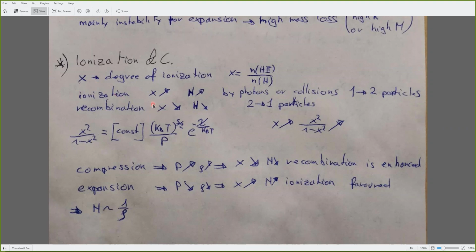If you have ionization, the degree of ionization increases and the number of particles increases, because this can happen with photons or collision. Actually, we pass from 1 particle to 2 particles, as we saw before. The recombination is the opposite. We have the degree of ionization decrease, obviously, and the number of particles decrease. We pass from 2 particles to 1 particle.